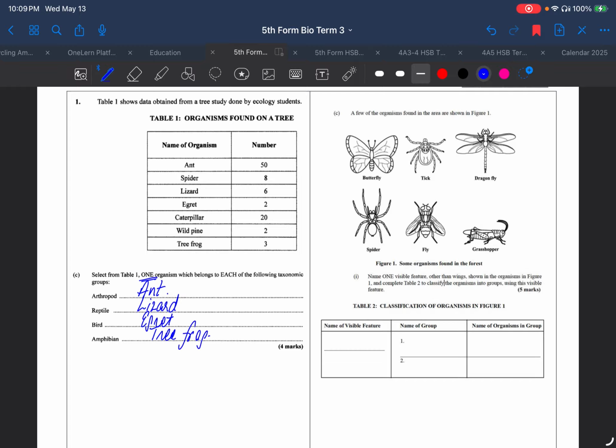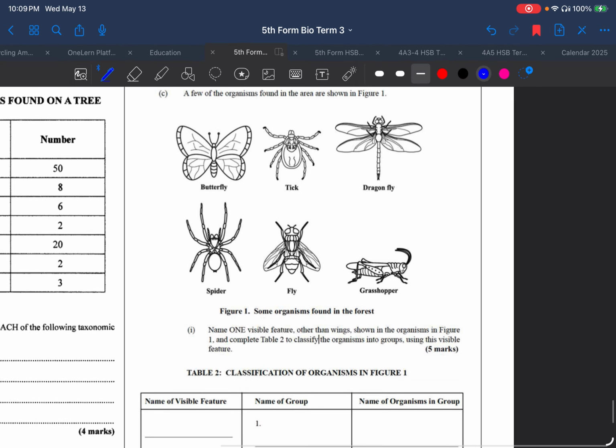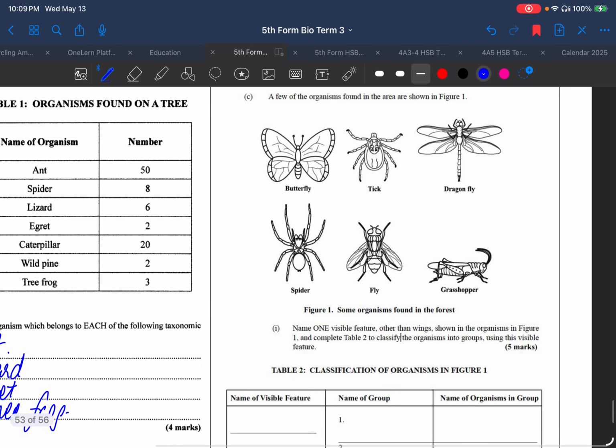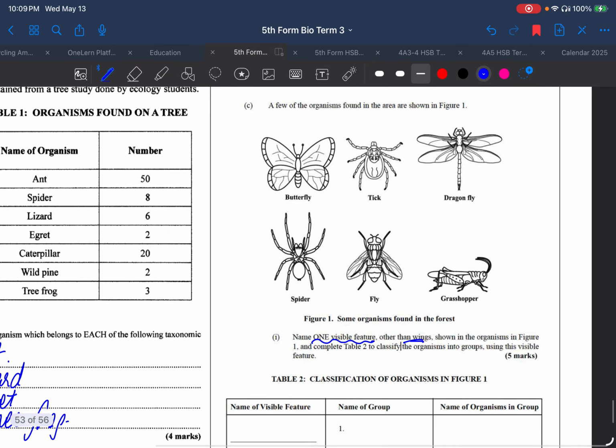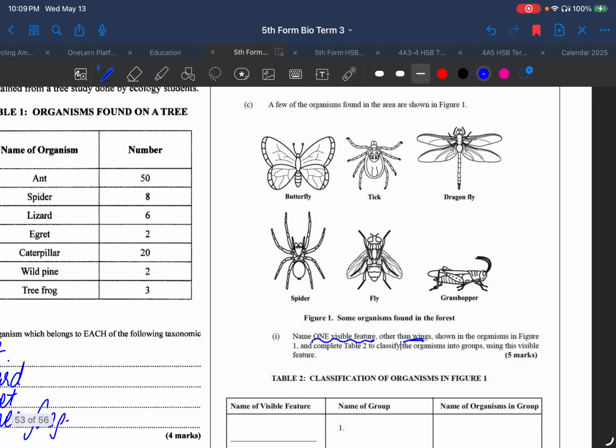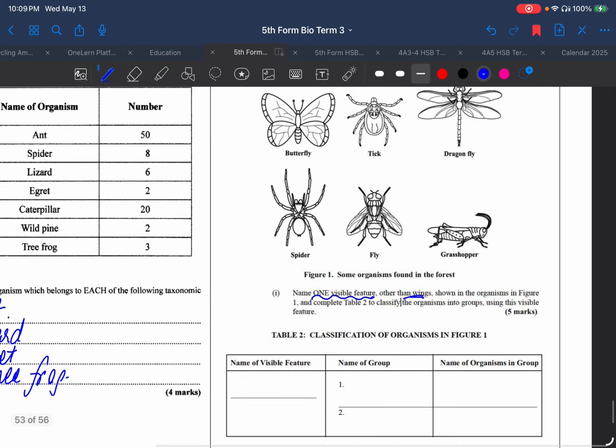Then what you would see a lot more of is this classification according to visible traits. So over here, you're given a set of organisms and they want you to name one visible feature other than wings that can be used to classify these organisms into groups. So if you're not using wings, one other fairly visible feature here could be number of body segments.